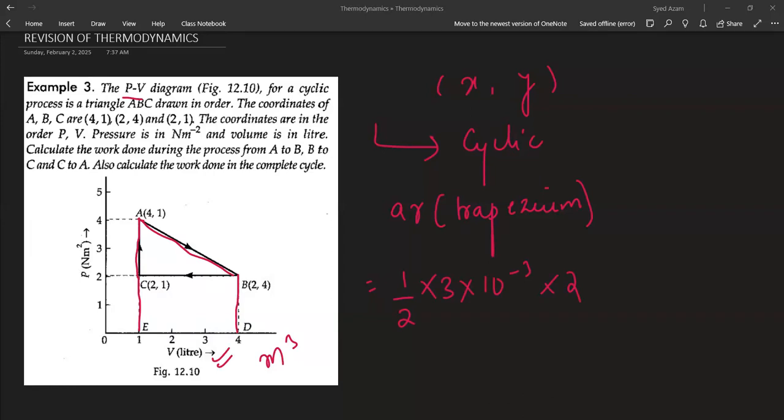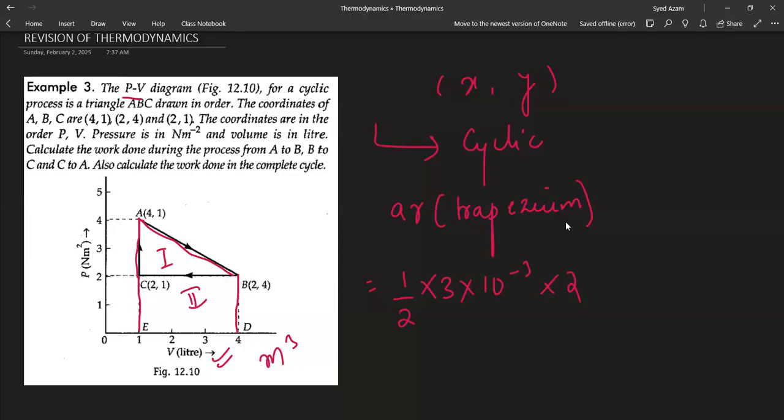Now, again, what do we have? We have simply the rectangle. This is half into base, half into height into base, plus now this rectangle. This is the first portion done, this is the second portion. Or we can directly do this by taking it as the trapezium, half into the sum of parallel sides into the height.